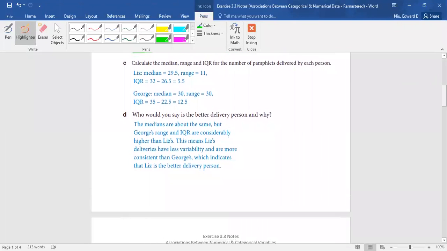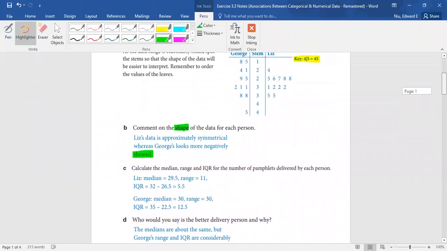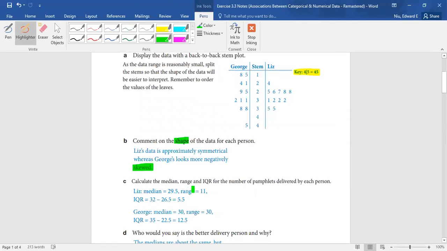C, calculate the median, range and IQR. For the median here for Liz, you would count how many total data points you have. So you have 1, 2, 3, 4, 5, 6, 7, 8, 9, 10, 11, 12.